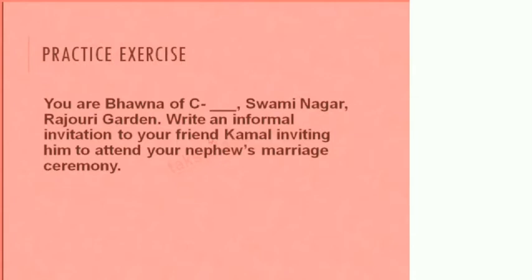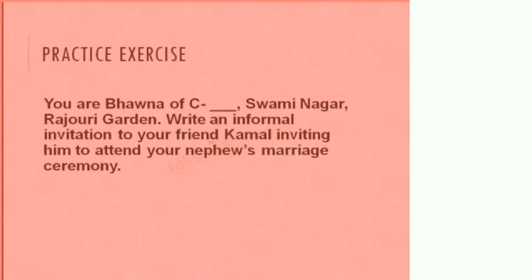Write an informal invitation to your friend Kamal, inviting him to attend your nephew's marriage ceremony. So you have to imagine that you are Bhavna of C-dash, Swaminagar, Rajouri Garden, and you are going to invite your friend Kamal to attend your nephew's wedding ceremony.